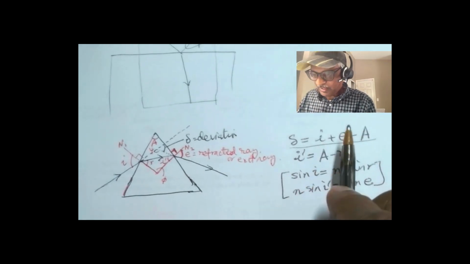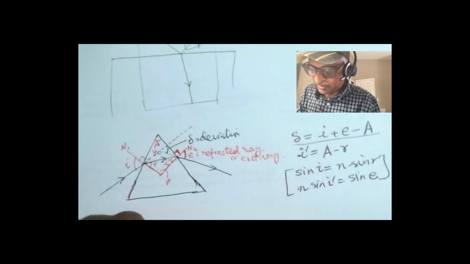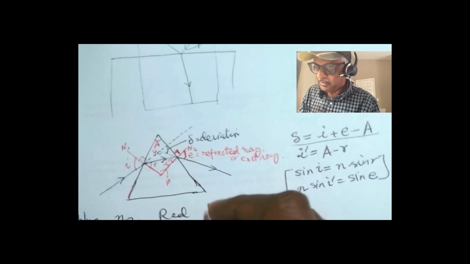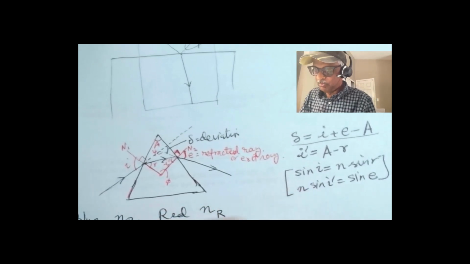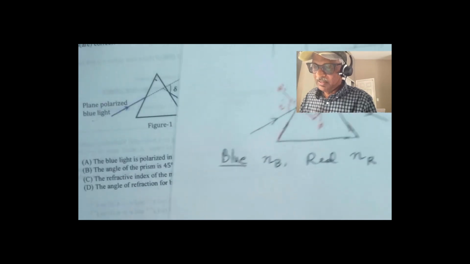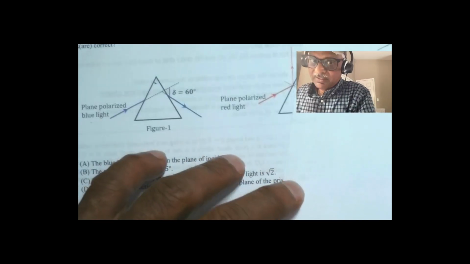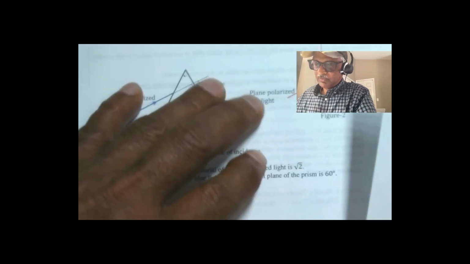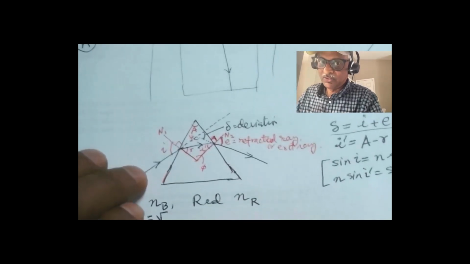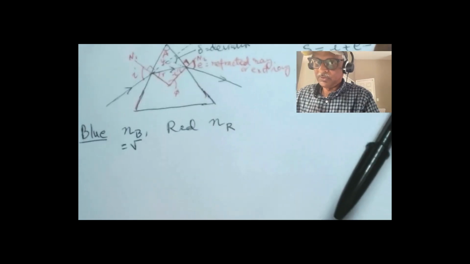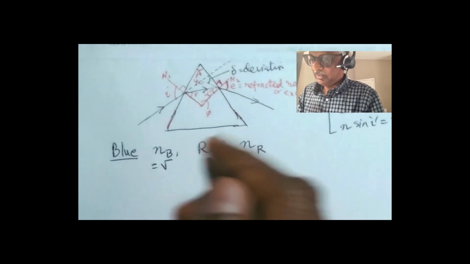Okay, blue light. We're going to work out blue light, and we're going to do NB, and for red light NR, and for blue light NB. I think it's given as NB equals, I'm looking at the given problem, so let's see, it's pretty hard to do this in a very tight spot.